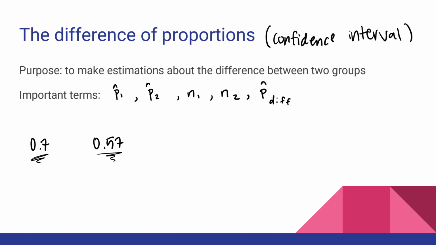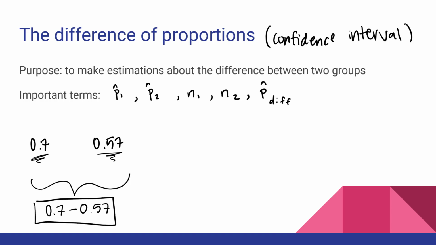What we're making estimates about is the true difference between these two. So what percent more of girls have social media than boys? So the number that we'll be doing math on would be the 0.7 minus the 0.57, because we are interested in the difference in proportions, not the individual girl social media numbers and boy social media numbers.